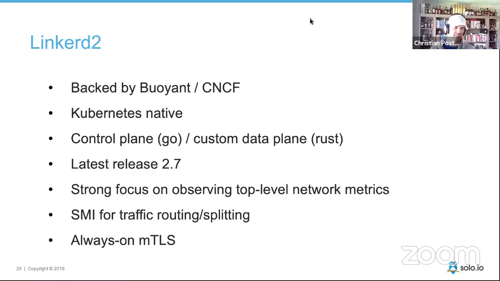And Linkerd kind of kicked off this whole Service Mesh as we know Service Mesh today with their original release of basically they wrapped Twitter Finagle into a proxy. And Finagle was one of these, kind of like Netflix OSS, one of these libraries that implemented client-side load balancing, circuit breaking, and routing, and so forth.